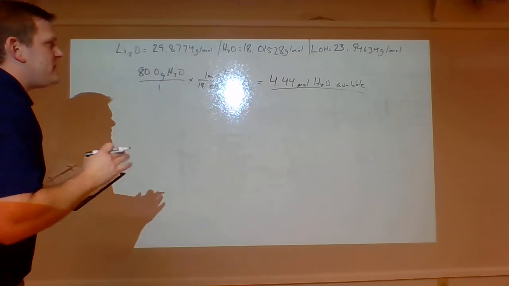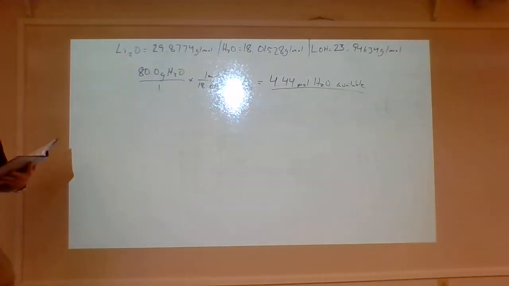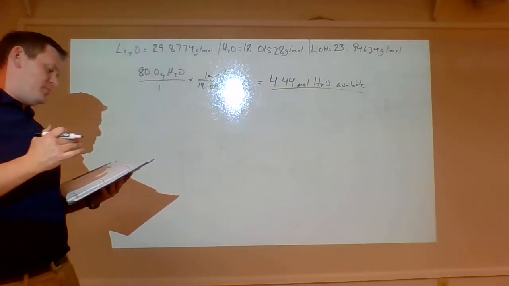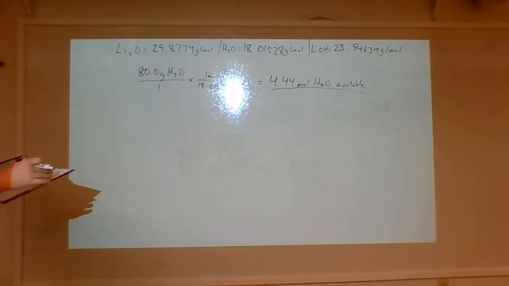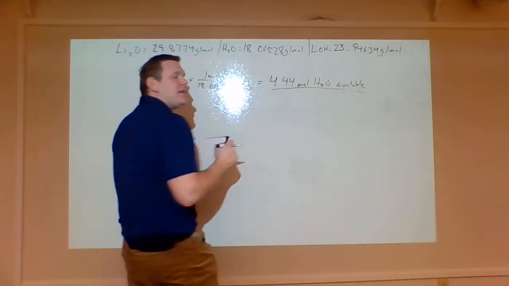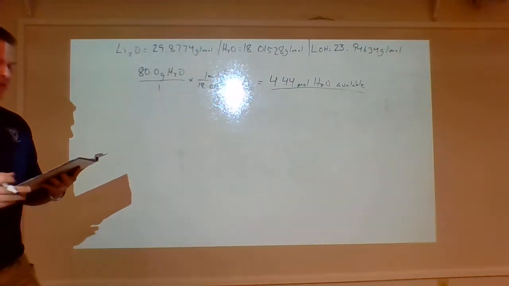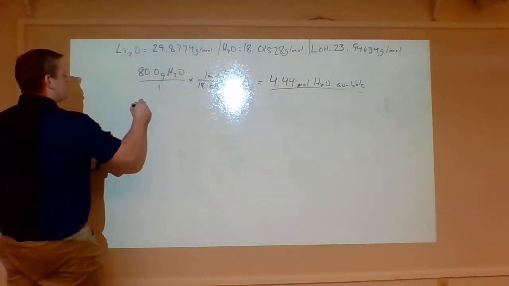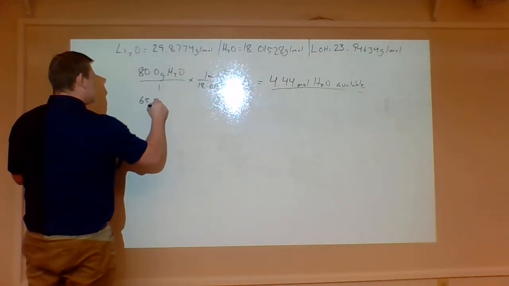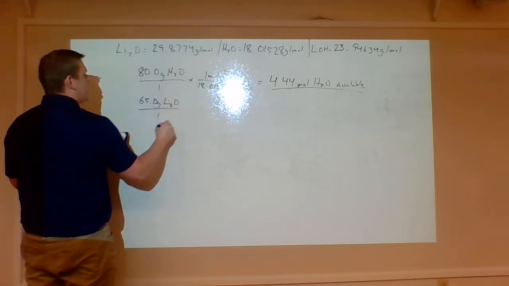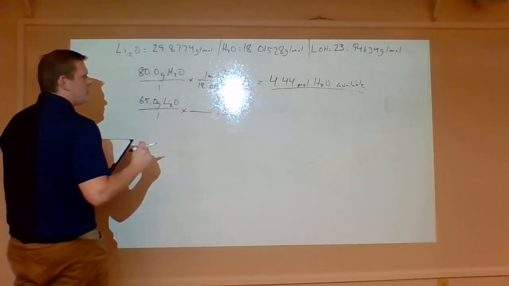To determine the limiting and the excess reagent, we now need to convert the mass of the other starting material, the lithium oxide, into the number of moles of water that it needs to react with. We start off with 65.0 grams of lithium oxide, again over 1 since it's a starting material.